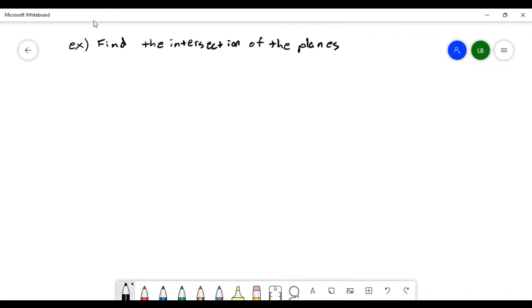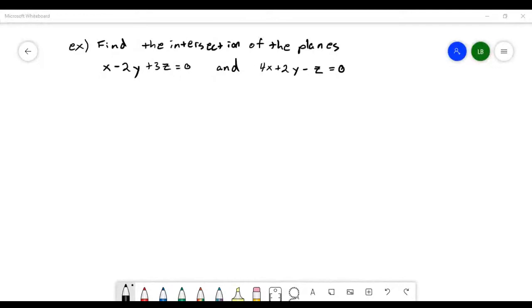We're going to find the intersection of these two planes. All right. So first off, question for you guys. Is our answer going to be a point, a line, or a plane?